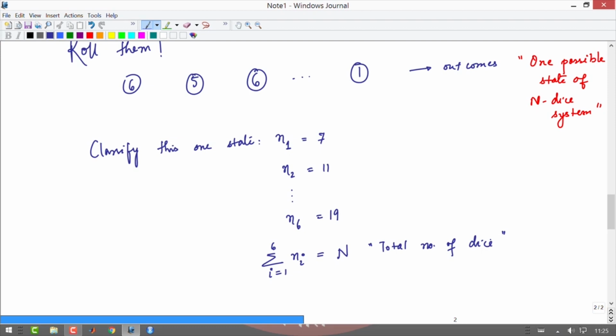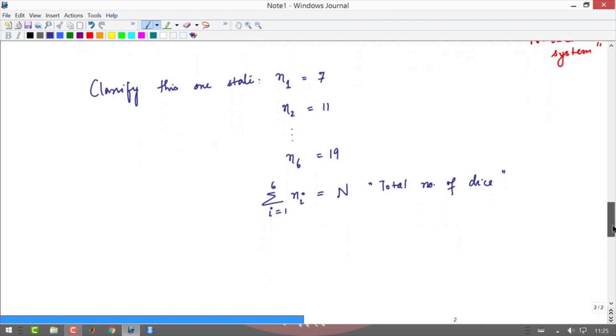So, what we have done is we have rolled n dice together and we have simply counted how many dice gave you the outcome 1. 7 of them gave us the outcome 1, and 11 of them gave us the outcome 2, and finally, since the die has only 6 faces, we do this calculation up to 6. The number of dice that gave the outcome 6 were 19, and the total number of dice that we tossed was big N. So, summation Ni has to be big N.